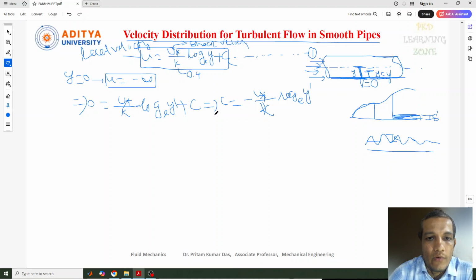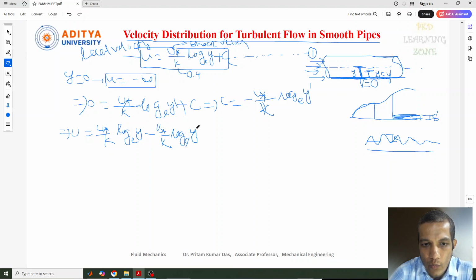Now just put this c value in this equation. So what we'll get here? U equal to u star divided by k, log e y minus u star by k log e y dash.